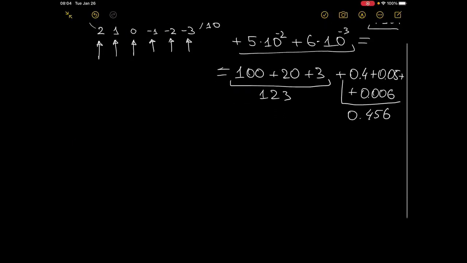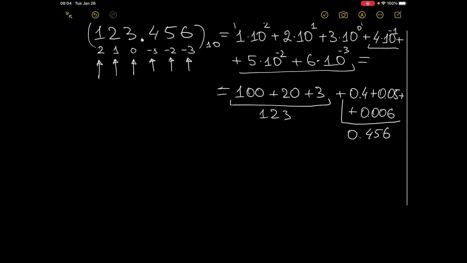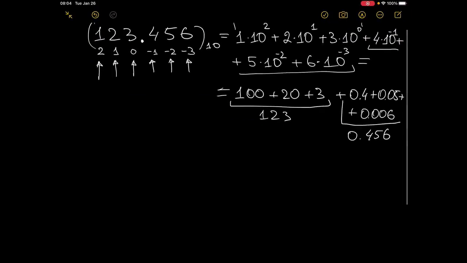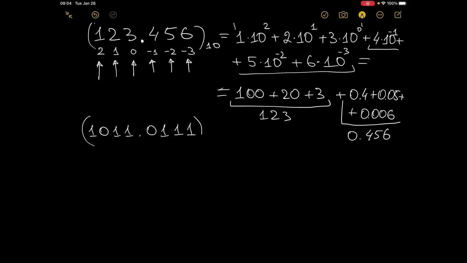But as we have seen in the last lecture, you can use different bases for representation of numbers. So for example, let us use base 2. And then, for example, if we have a number like that in binary representation, we just perform exactly the same. So what does the base mean?